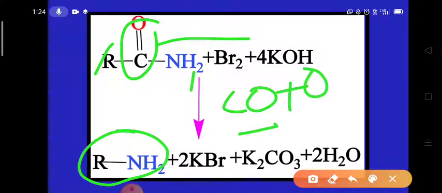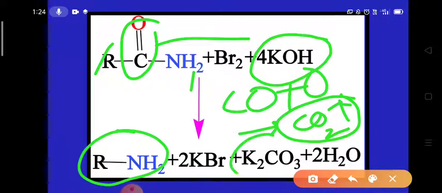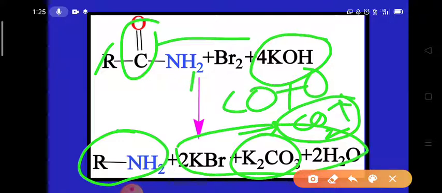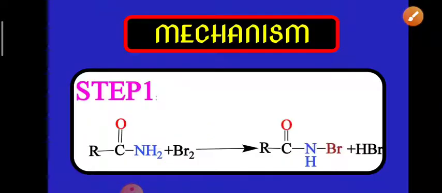Here this one undergoes oxidation and goes outside in the form of carbon dioxide. As the carbon dioxide is acidic in nature, it reacts with the base and forms a salt, potassium carbonate. These products are not necessary to remember, but we have to remember the main product, that is the primary amine. And now we go for the mechanism.